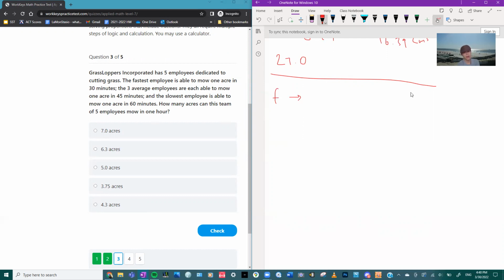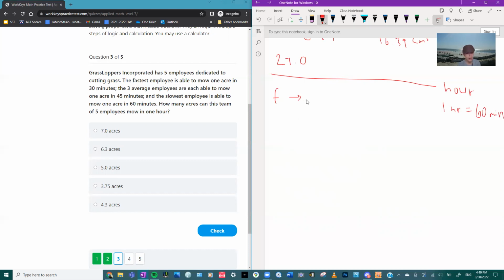But the answer has a unit of hours. So just like the other 2 problems, we need to have a unit of hours. So what is our conversion factor for that? Well, 1 hour equals 60 minutes. All right, there's 60 minutes in 1 hour.